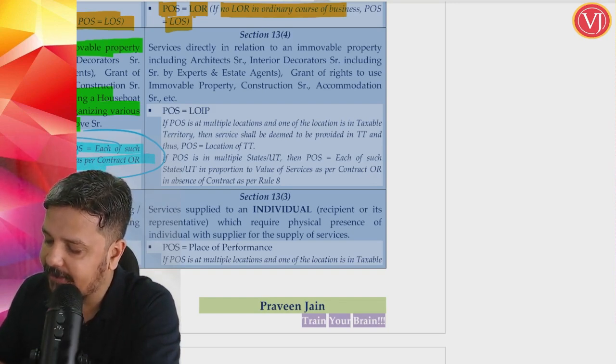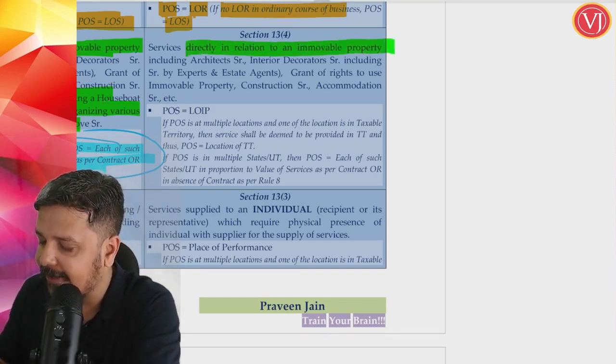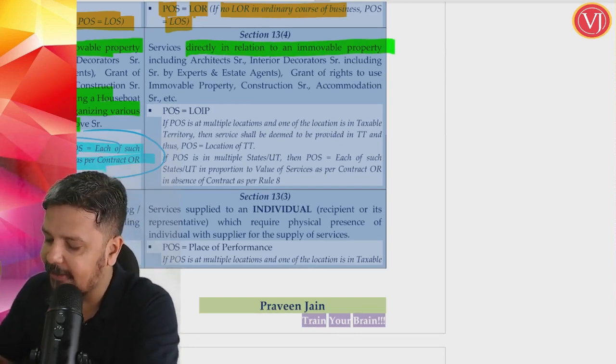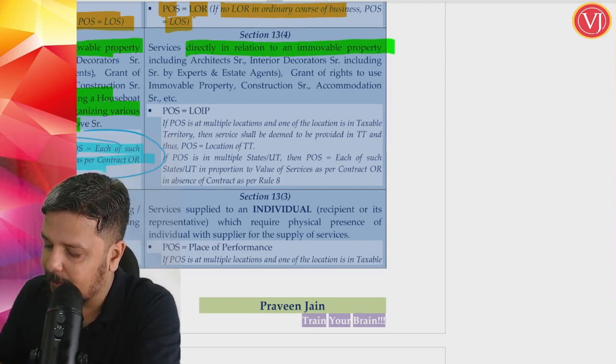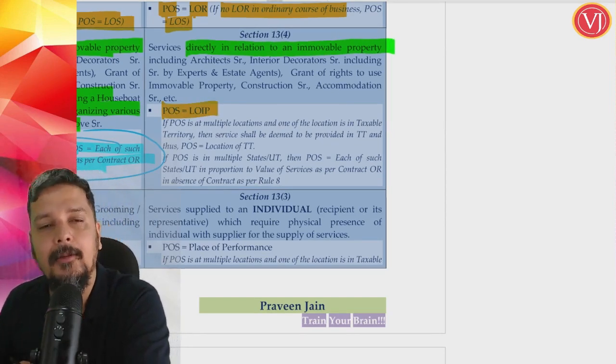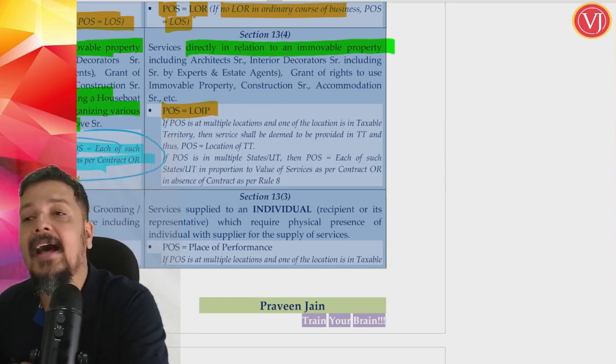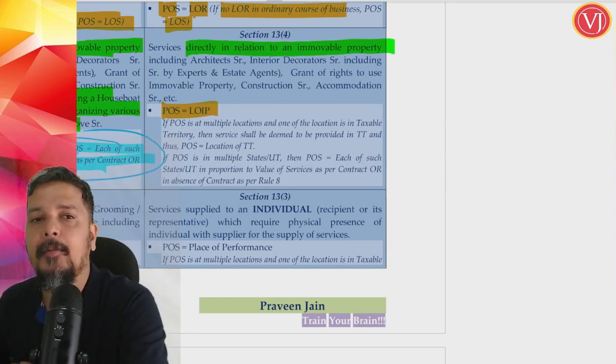Again, they start with the same kind of language. Services directly in relation to immovable property. Examples: architect, interior decorator, the same set of examples. Here, the place of supply will be the location of immovable property, no ifs and buts. There are 2 bifurcations. If the immovable property is in India, then it is the location of immovable property.